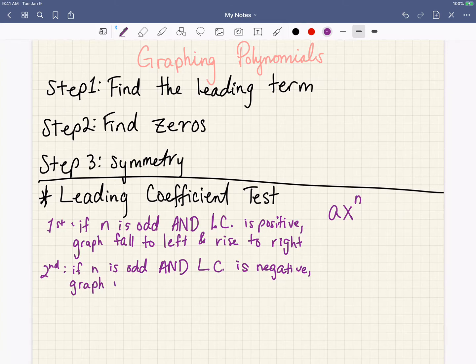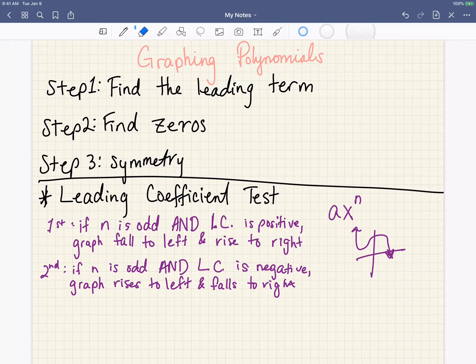Graph rises to the left and falls to the right. So again, it's going to look something like that. These aren't perfect, but that's just the general shape of them. The general end behavior really is what it's actually technically called, the end behavior of the graph.